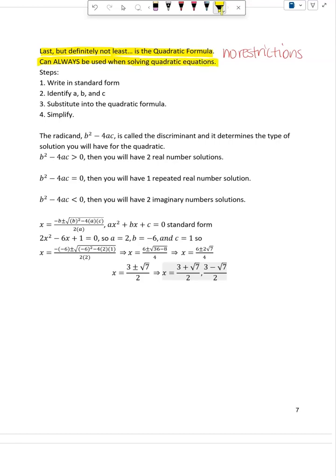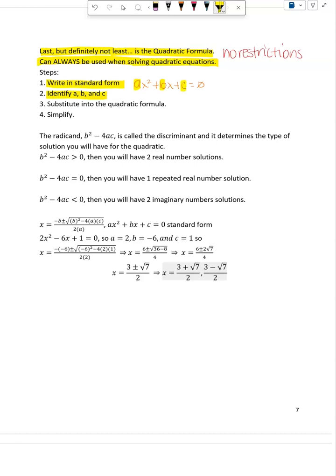So our steps are, first, write it in standard form. We know that our standard form is ax squared plus bx plus c equals 0, right? The next step in using the quadratic formula is that we have to identify a, b, and c. These are our coefficients.